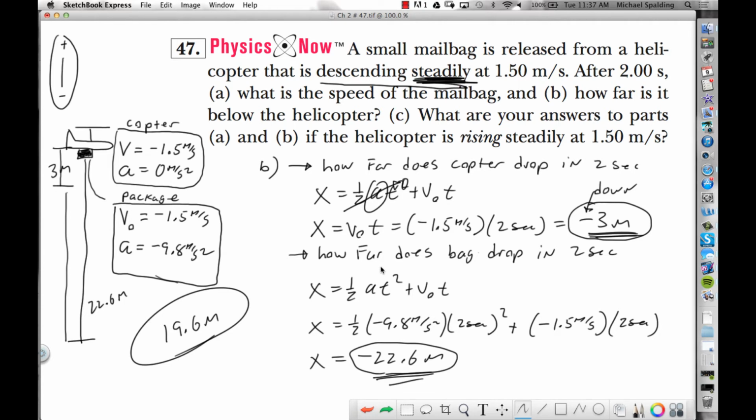Okay. Any questions on this part? Now, for part C, we're going to redo the whole thing, but now the helicopter is rising steadily at 1.5 meters per second instead of dropping steadily at 1.5 meters per second. So how do we do part C? So let me shrink this down.